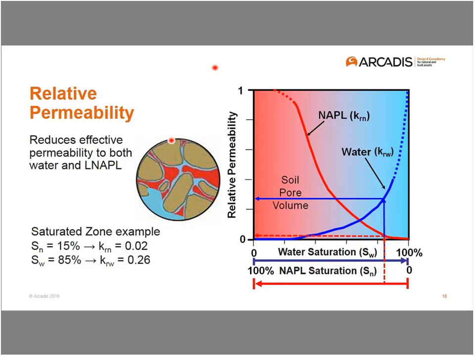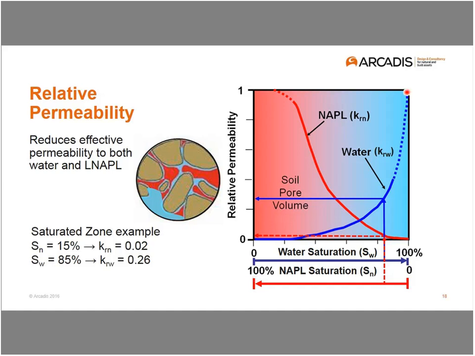So if we look over here on this diagram, this is a diagram plotting relative permeability on the y-axis versus saturation on the x-axis. Now, water saturation goes from 0 on the left to 100% on the right, and NAPL saturation goes from 0 on the right to 100% on the left. So it's an axis showing how the pore space is split between the water and the NAPL.